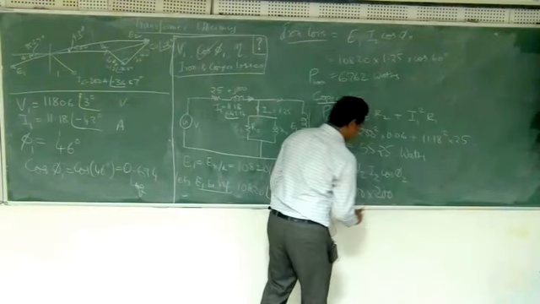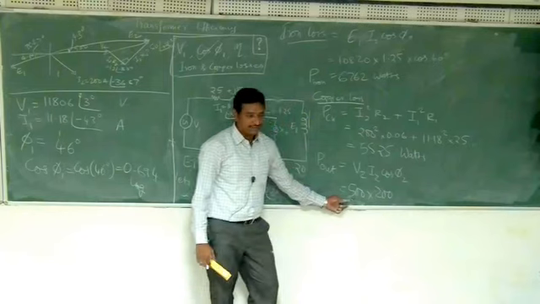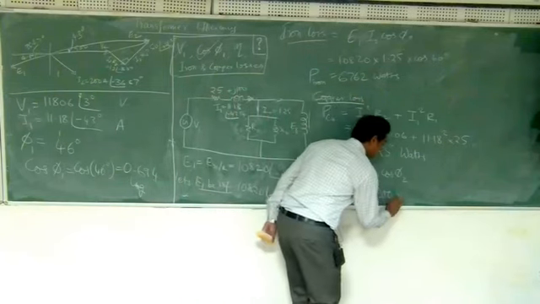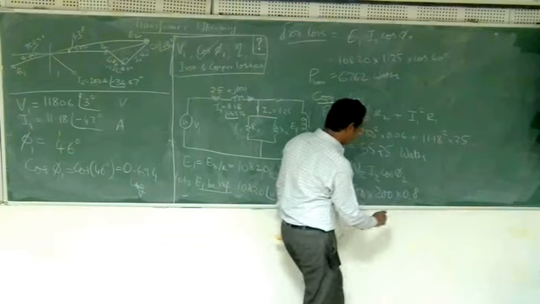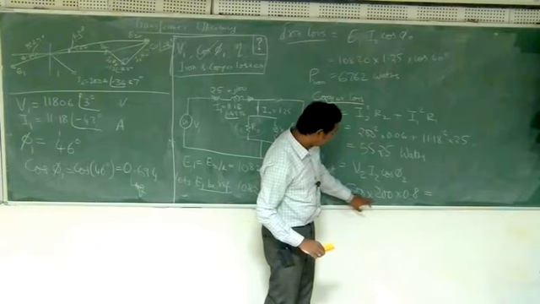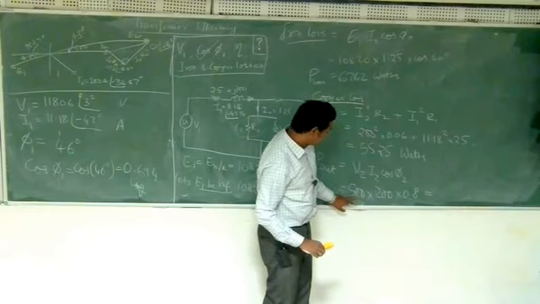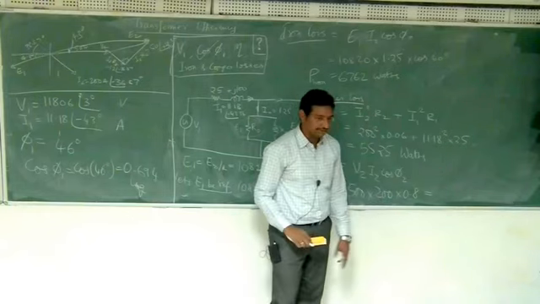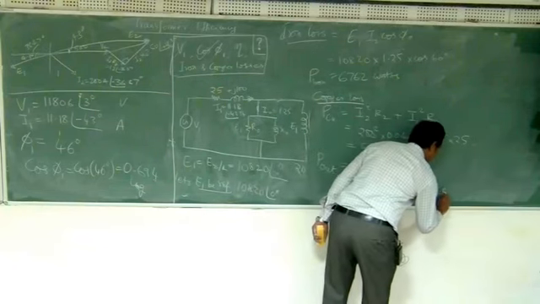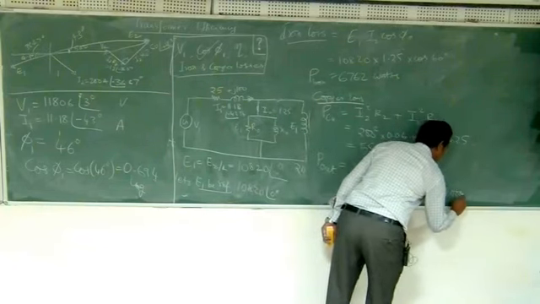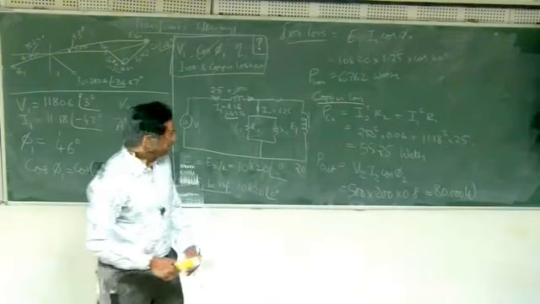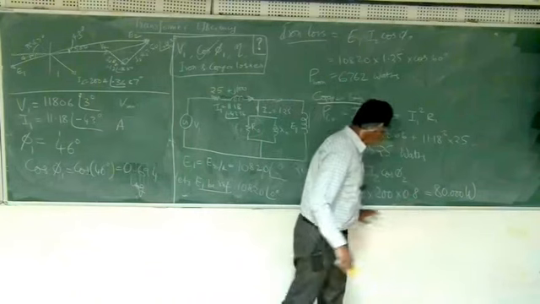At the output terminals I have 500 volts, 200 amperes and 0.8. So 5 into 2 is 10, 100,000 into 0.8, so 80,000. That's 80 kilowatts, or 80,000 watts.